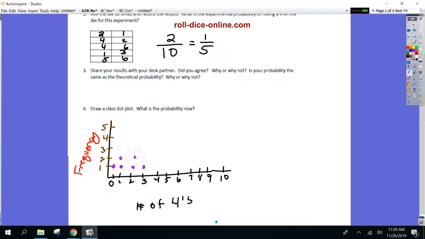2. 0. Might have to go above 5. Nick, 1. 1. 4. There we go. 2. 1. I have to increase this here in a second. 2. 1.